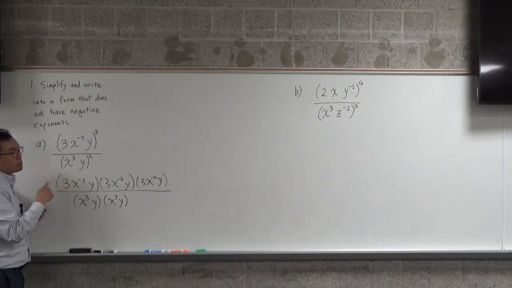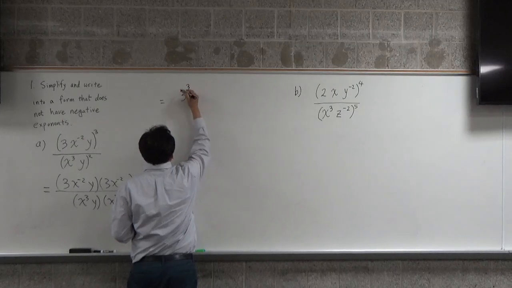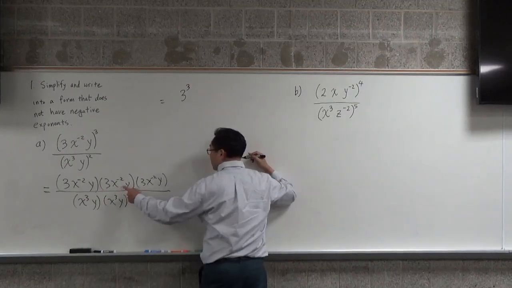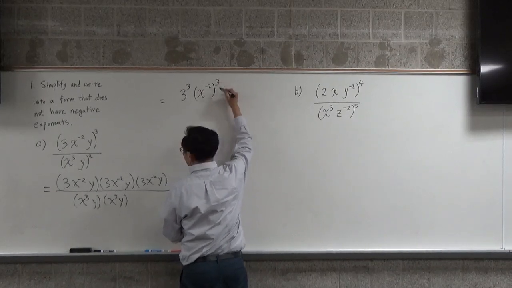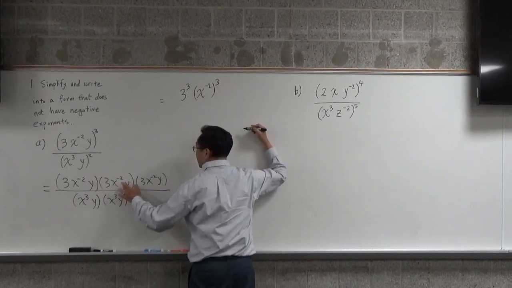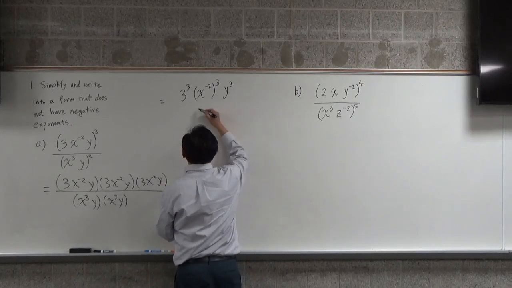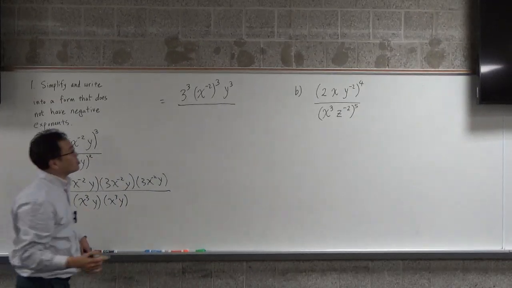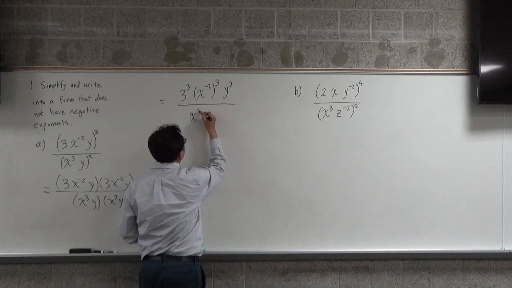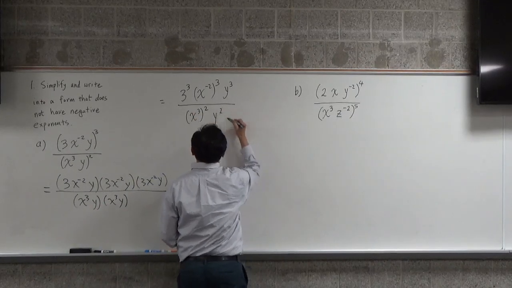So you have 3 multiplied 3 times. And then I also have x to the negative 2 multiplied 3 times. And I see y, so y is multiplied by itself 3 times. Over x cubed multiplied twice, and y multiplied twice.